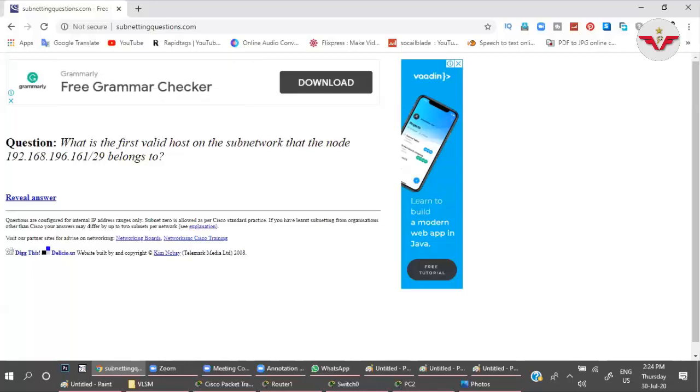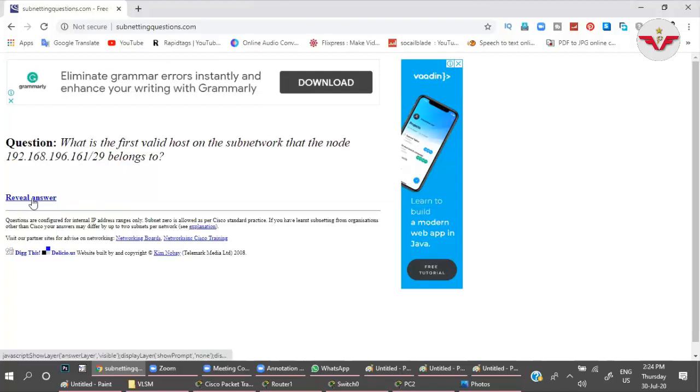So I will check where the 160 network will be from and to. As we have a jump of 8, the network will be from 160 to 167, right? This is the network range. What would be the first valid host of that network? Just after the network ID 160, the next IP would be 161. So the IP which is given here on the screen, that itself is the first valid host.